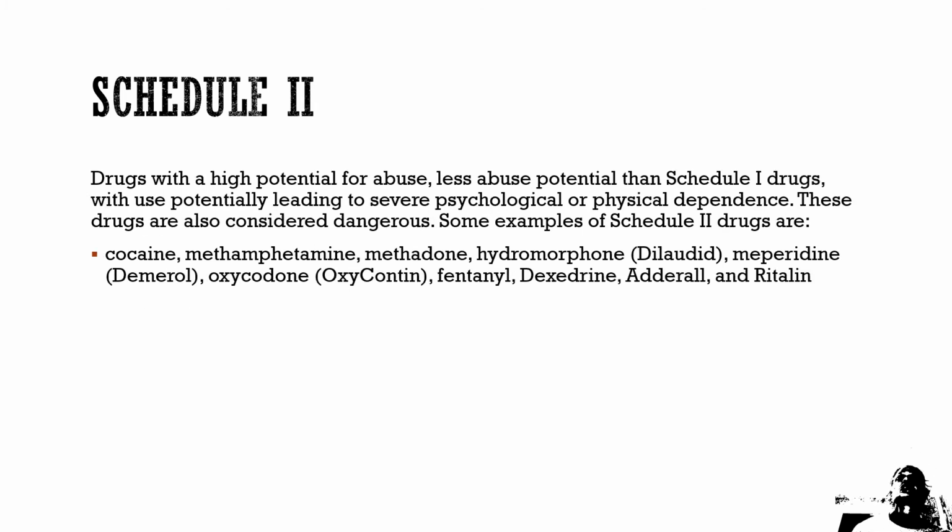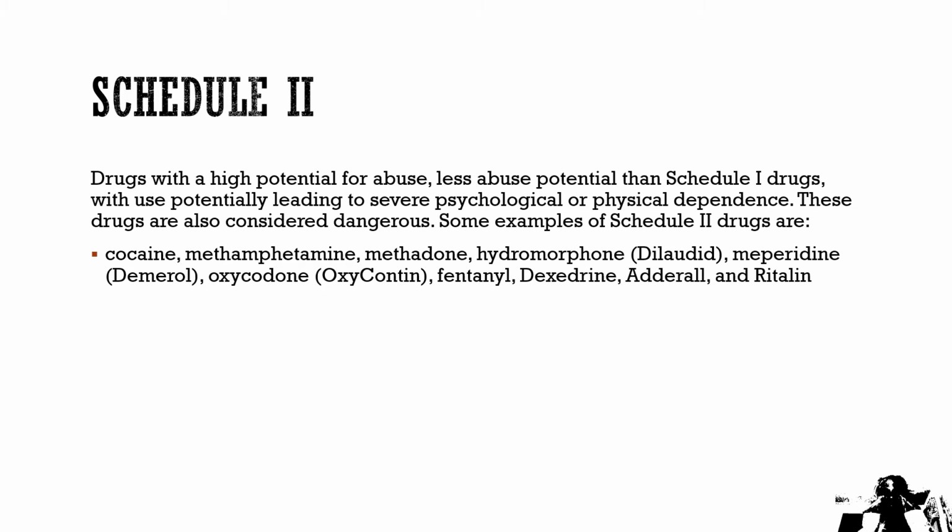Schedule 2, these are drugs with a high potential for abuse, but less abuse potential than Schedule 1 drugs, right? So they have the potential to lead to severe psychological and physical dependence, but again, a little less so than Schedule 1.